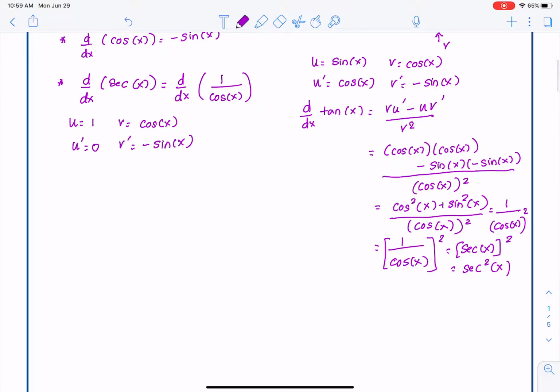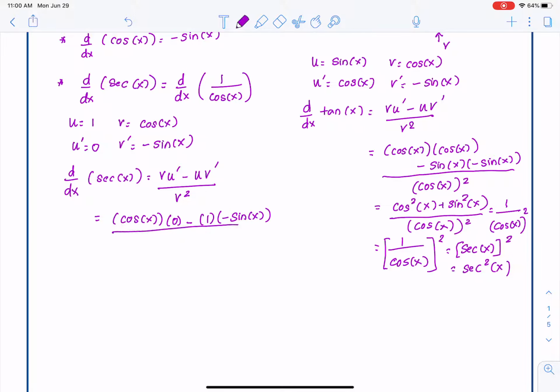So if we use the quotient rule, the derivative of secant x would be equal to v u prime minus u v prime divided by v squared. v is cosine x, u prime is 0, u is 1, v prime is negative sine x, divided by v squared, which is cosine squared x.